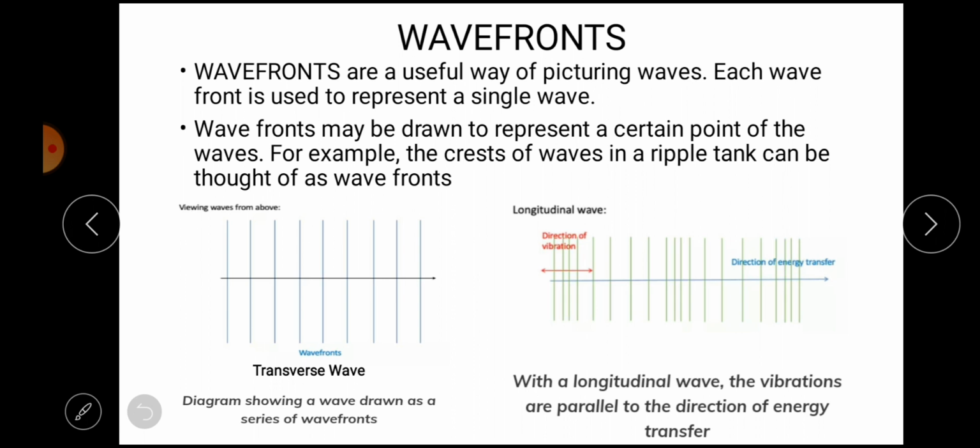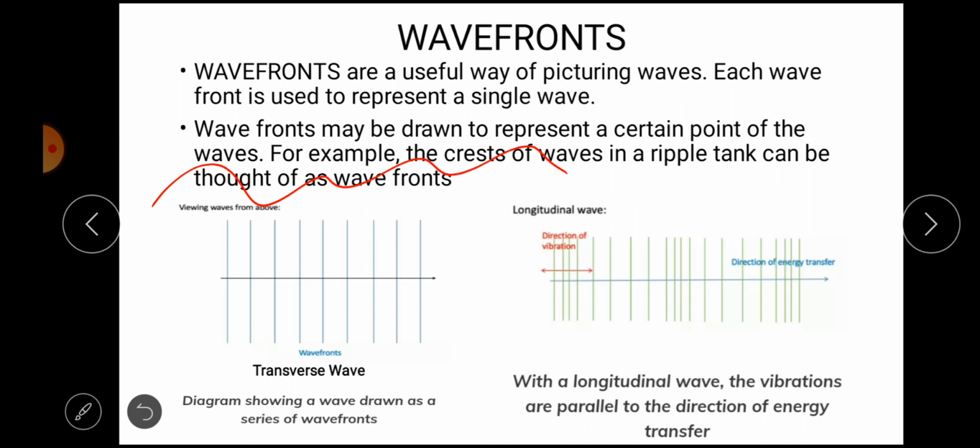So now, instead of drawing those waves like this, we are going to draw the wavefronts. We can decide maybe the wavefronts are the peaks.